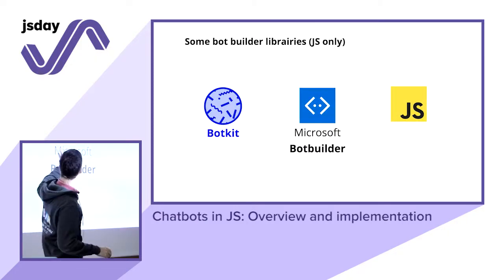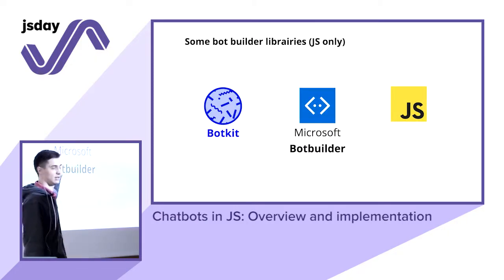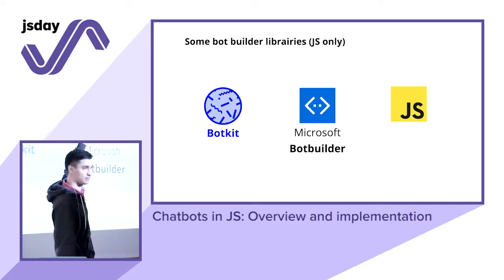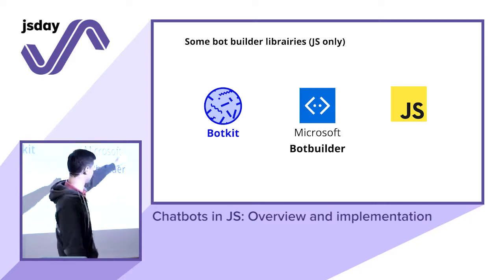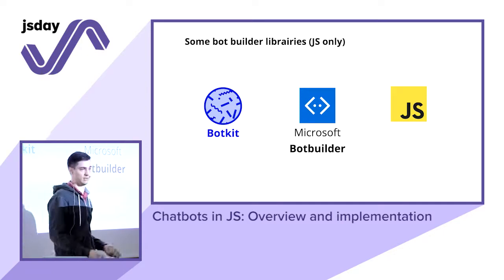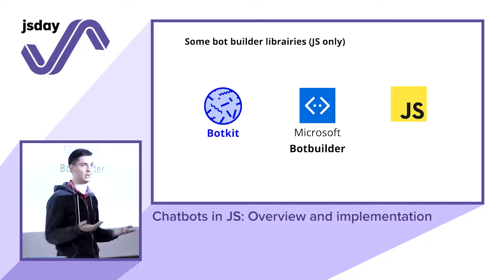Here are some libraries that are available. I only selected JavaScript libraries. I also included JavaScript itself because, well, it's code. You can implement your own library if you want to handle the bot building part.